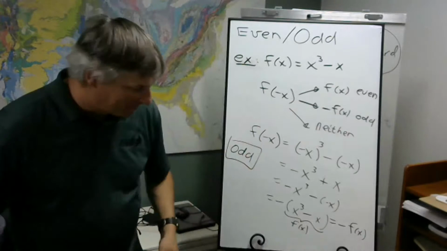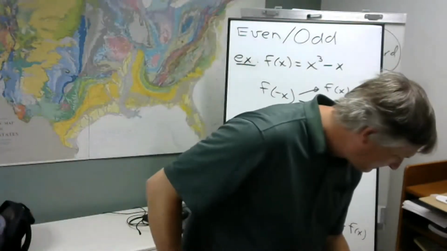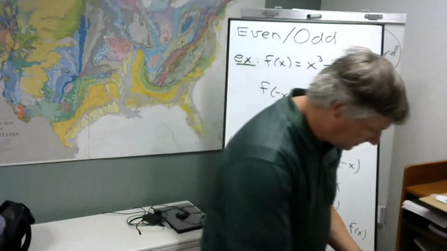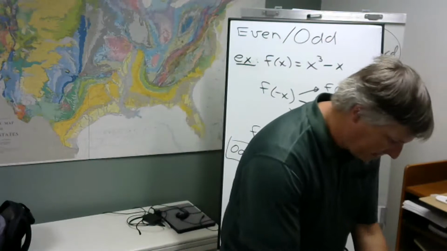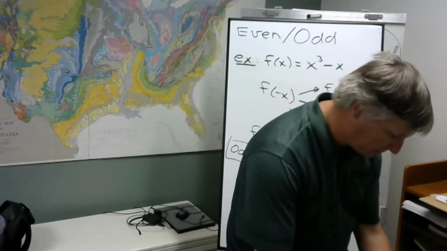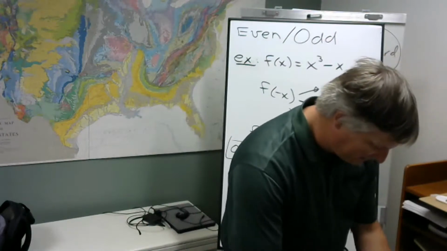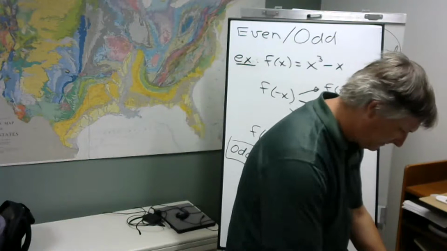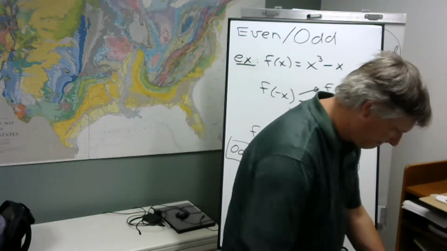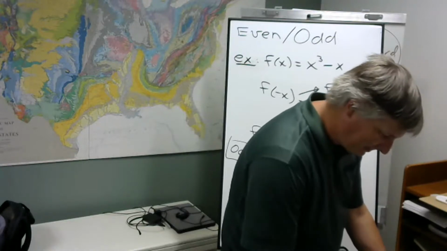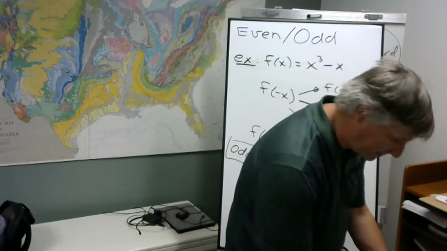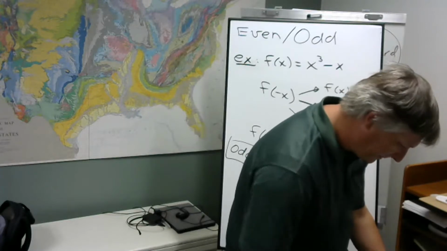All right. Let me check something here real quick. So we got some extra answers here. I just want to make sure. We'll do another one of these real quick here.